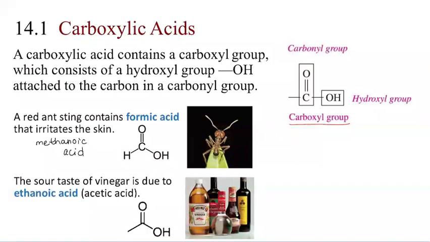As we learned in chapter 10, one of the physical properties of acids is the sour taste. And because carboxylic acids are weak acids, that is also going to be a feature common to carboxylic acids.